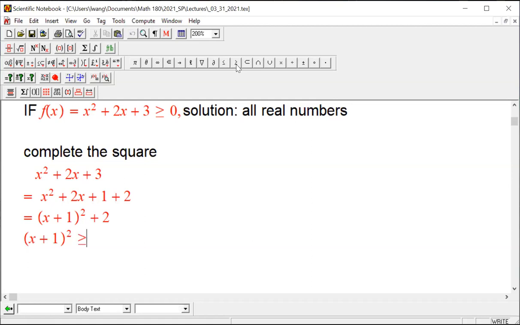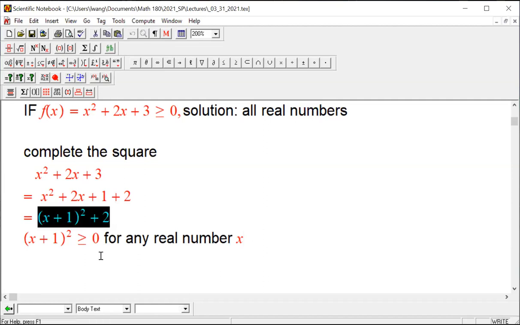So it's always greater than or equal to 0 for what? For any real number x. And this sum is larger than or equal to 2.